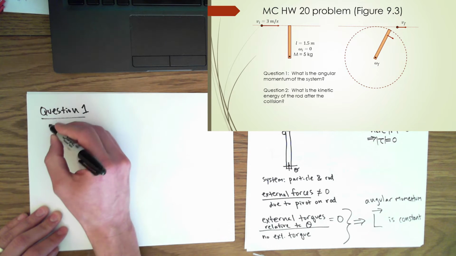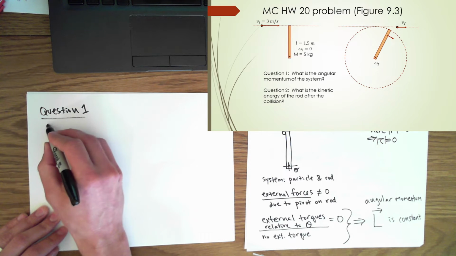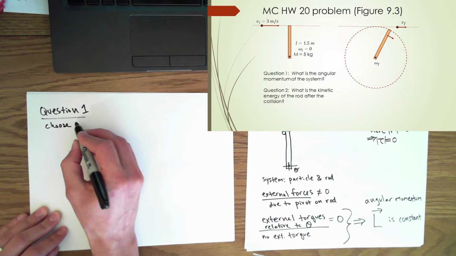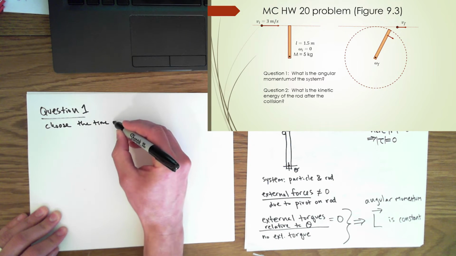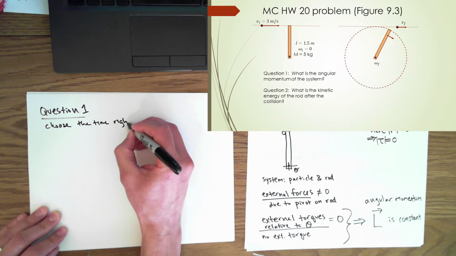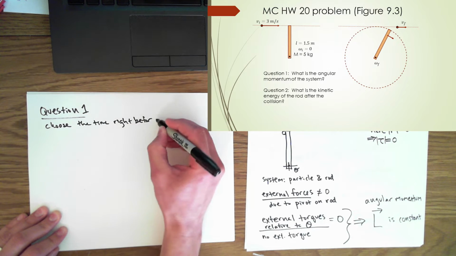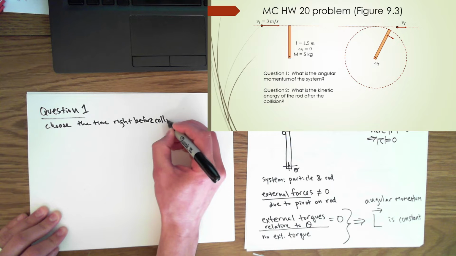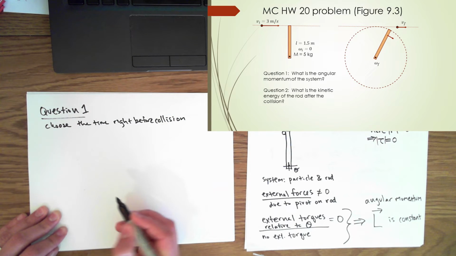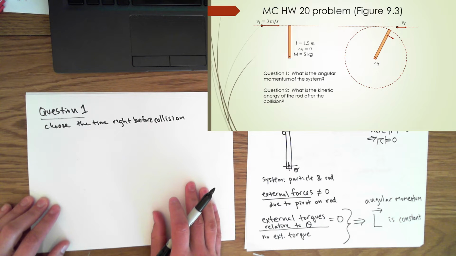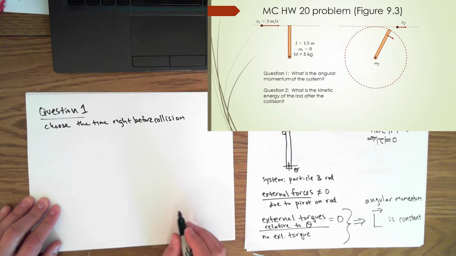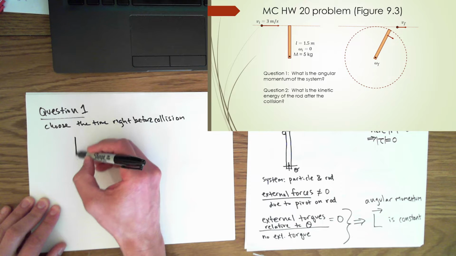So let's choose the time right before the collision. Remember, any time would be the same, so we can choose the time that's most convenient for the calculation. Right before the collision, the picture looks like this.